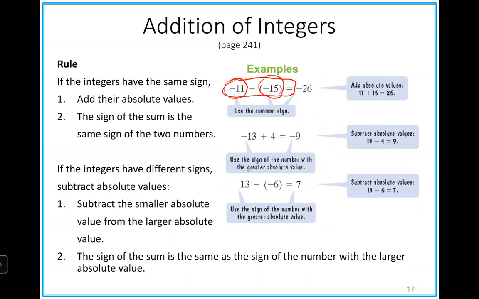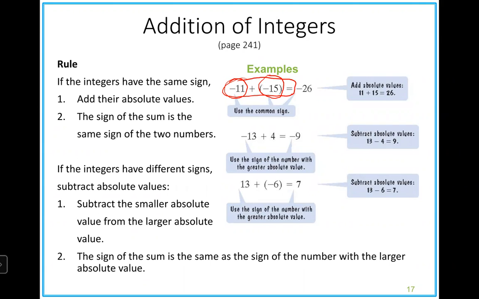And you give the answer the common sign. Because both of them were negative, the answer would also be negative. So that's your rule for adding integers that have the same sign. Those are two negative numbers, so the answer will be negative after you add the absolute values.